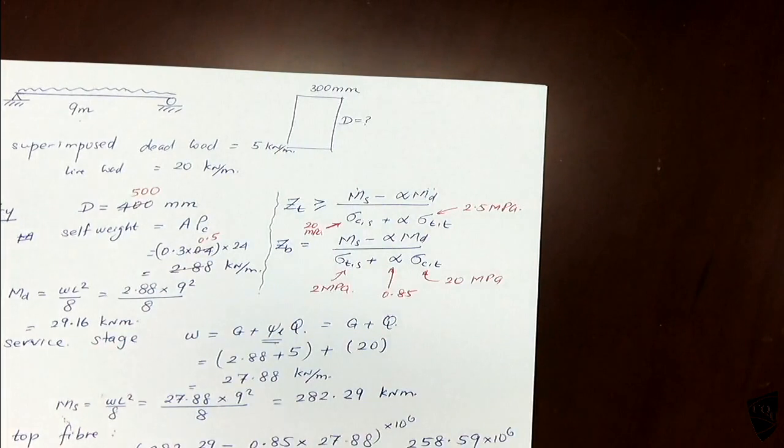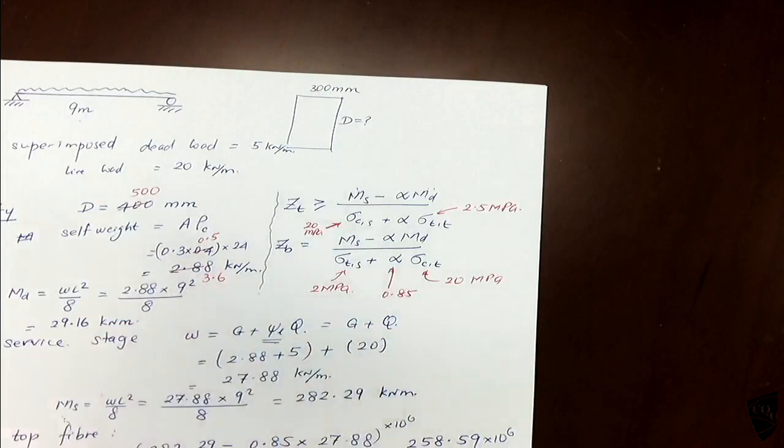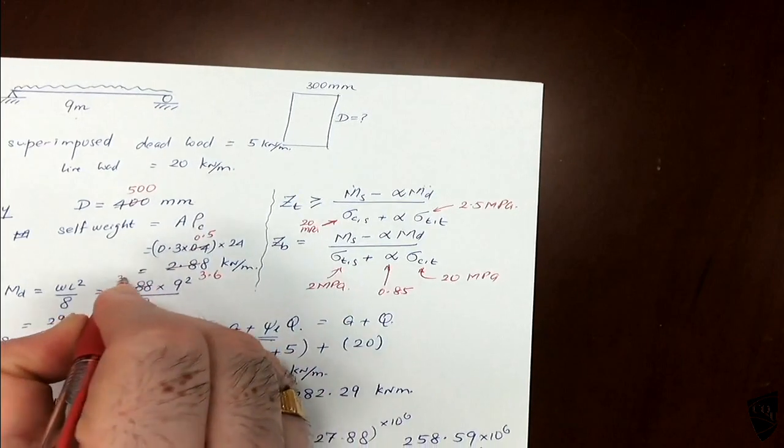0.5, 0.15, 3.6. So that is 3.6 and this is 3.6 here.